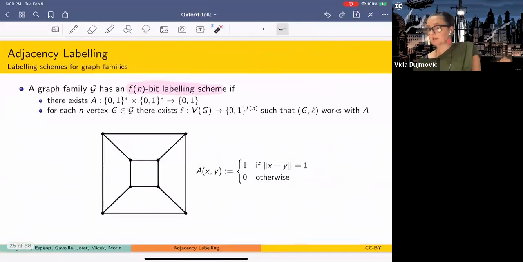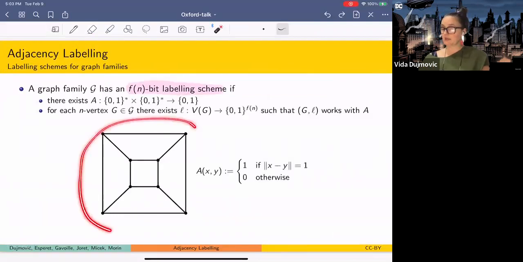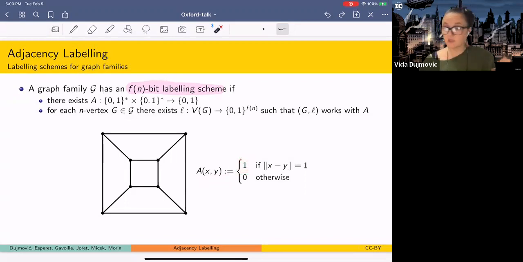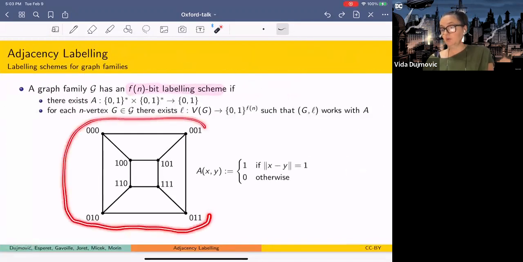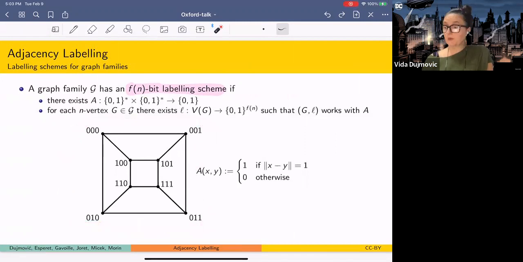So here's an example. If you look at the 3 cube, which is drawn here in the picture, here's an example of an adjacency tester. You can say you should return 1 if the Hamming distance between two binary strings is 1, otherwise you return 0. So that's an adjacency tester function, and a standard labeling of a cube is a labeling that works with this adjacency tester.